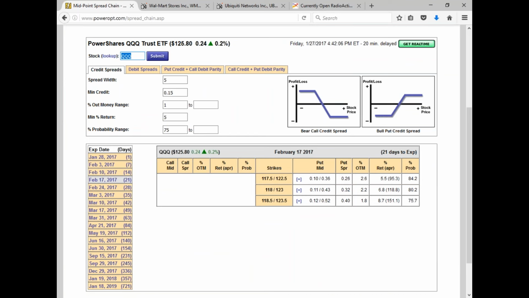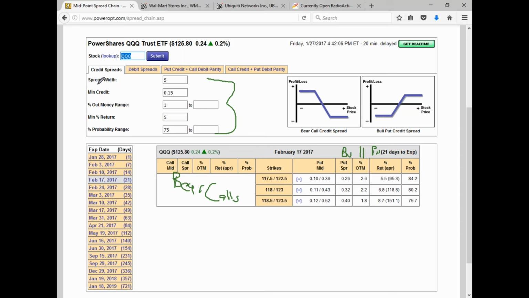You have the credit spread view, which shows the bull put credit spreads on the left side that match some base criteria you put in. These are bull puts, and then over here is the bear calls.